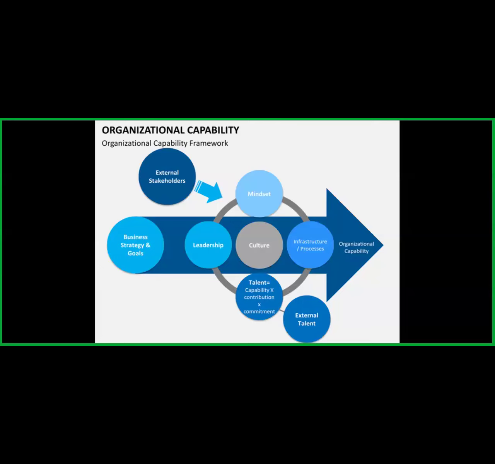Yes, first preference is to be given to the internal person. But when the organization comes to know that the internal person is lacking in capability, contribution, or commitment, say the person is very talented, very capable, and contributing also, but is not committed to the development of the organization.